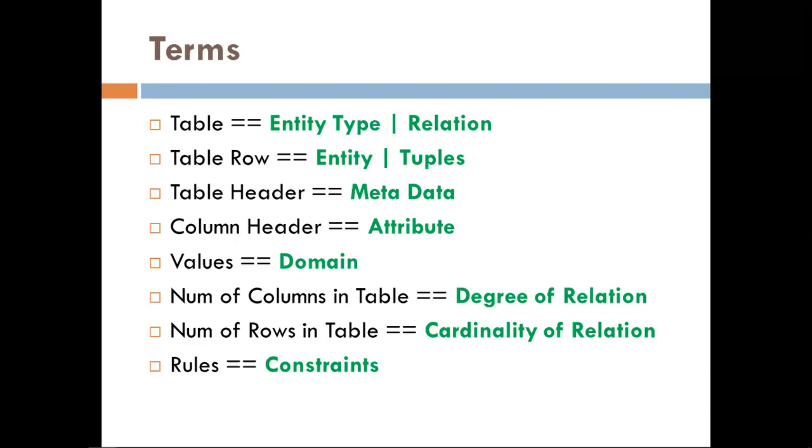The number of columns in the table is called the degree of a relation. Number of columns is nothing but the degree of a relation, and a column is nothing but an attribute. So the number of attributes in a table is called the degree of a relation. The number of rows in a table is called the cardinality of a relation, and number of rows means the number of tuples.